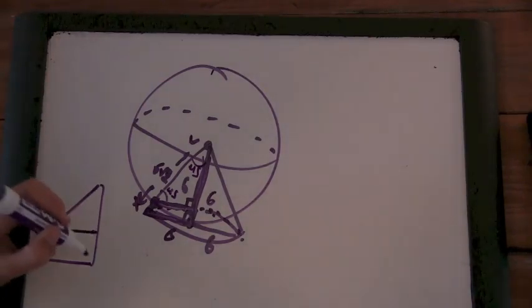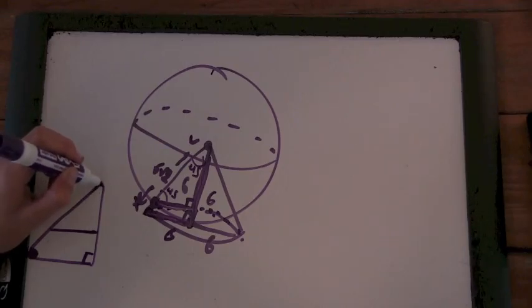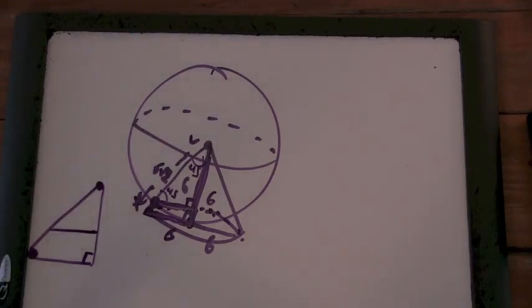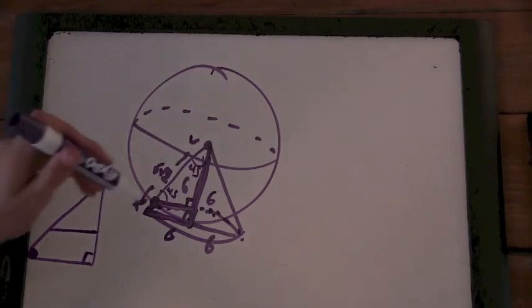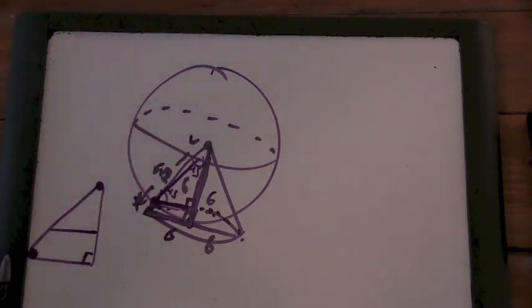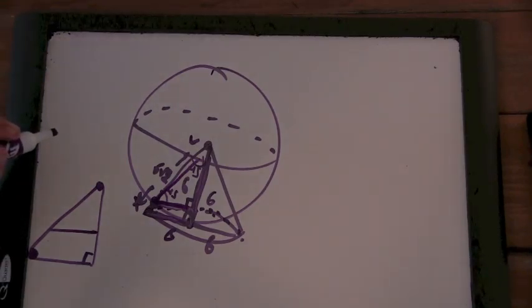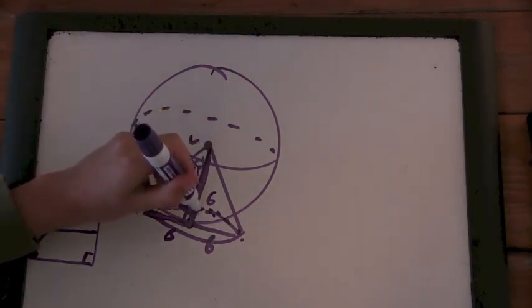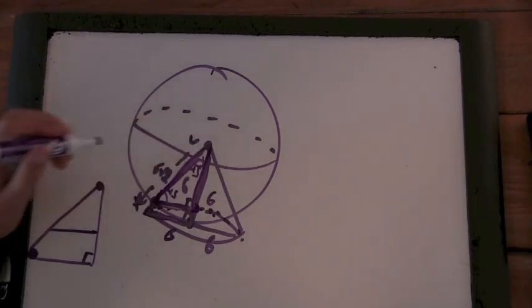Looks something like that. Does that help us, though? Well, it would if we knew any of the side lengths, because then we could use that to help us find this. That's actually a great observation. So you're down to just finding either this side length or this side length.